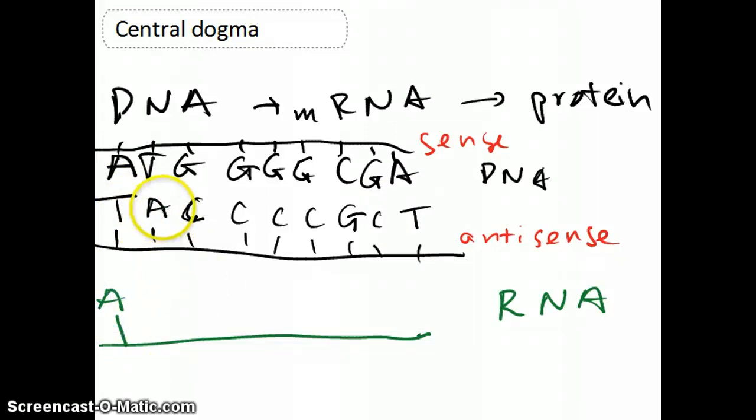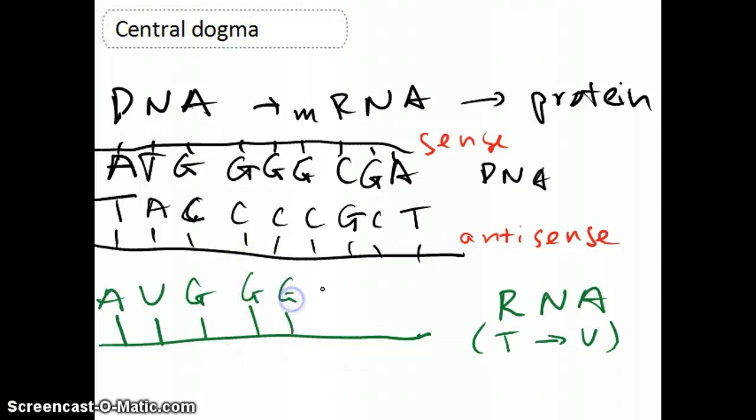Complementing to an A is going to be a T. But remember, in RNA there's no T. In place of T, we would use a U. So that would be A, U, G, complementing to C, G, G, G, complementing to G is a C, G, and A. Okay, so now we have an RNA with a U here.